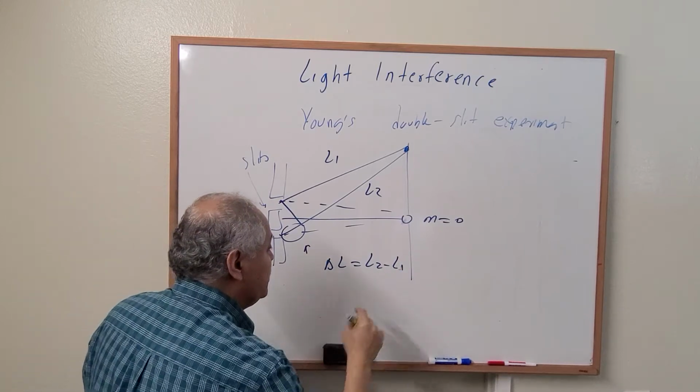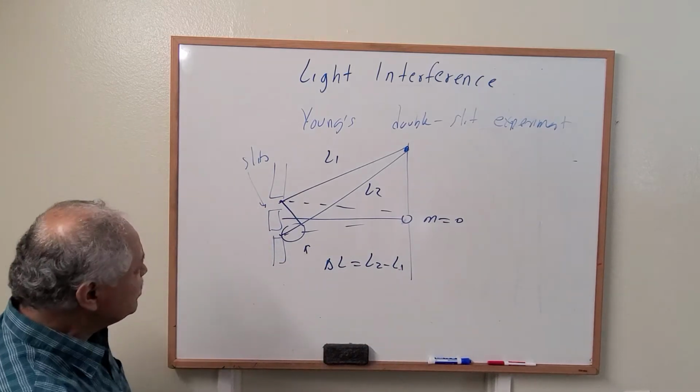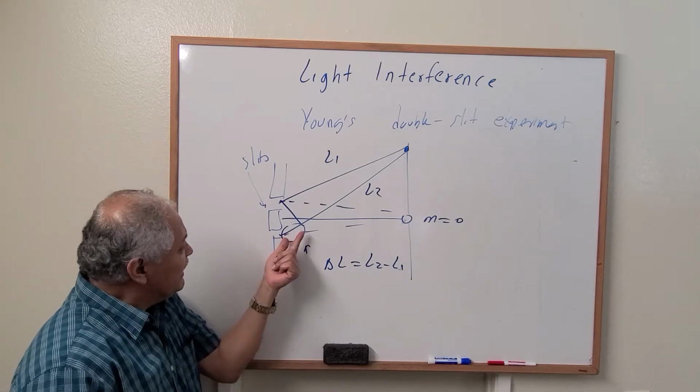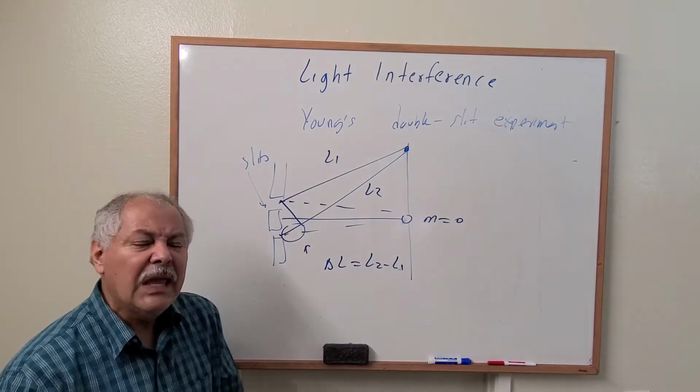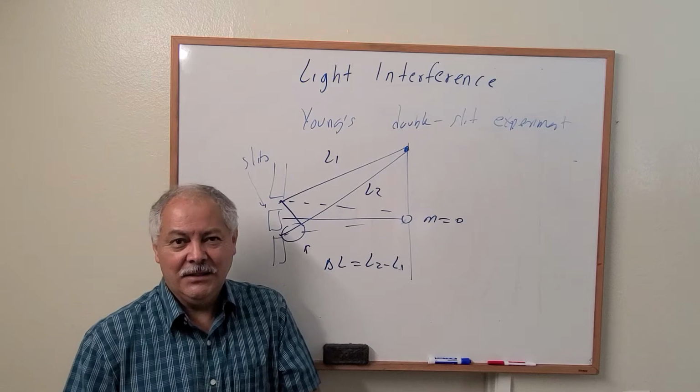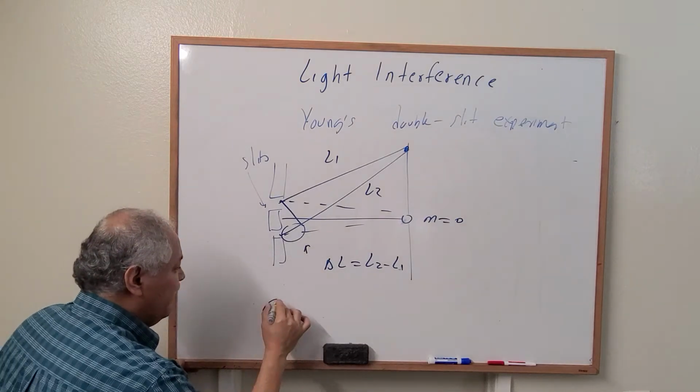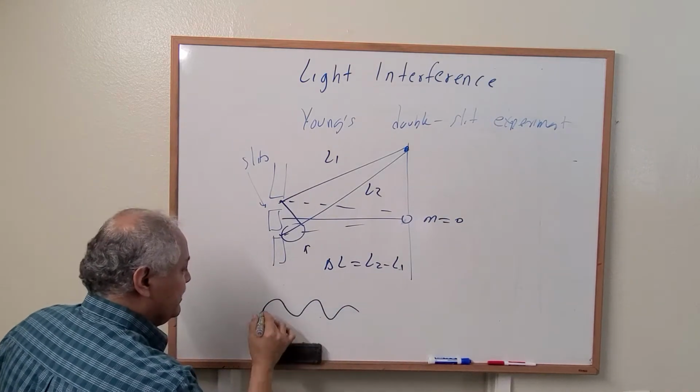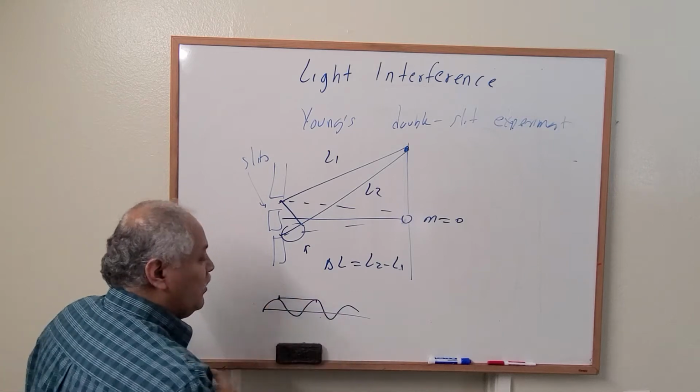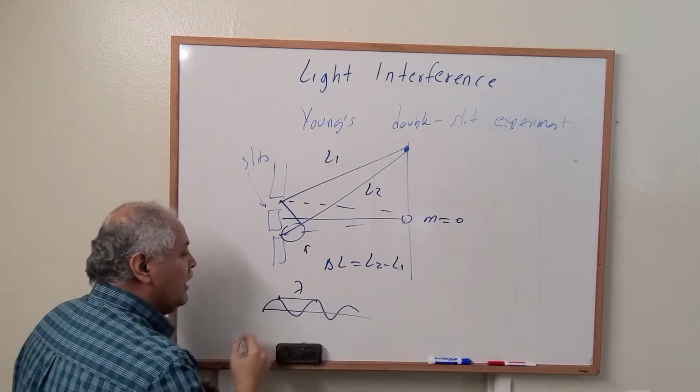And what is the condition right here? The condition is that this difference must be a whole number of wavelengths. Because remember, when we have a wave, imagine this is the wave, the distance from one peak to another peak is called lambda.